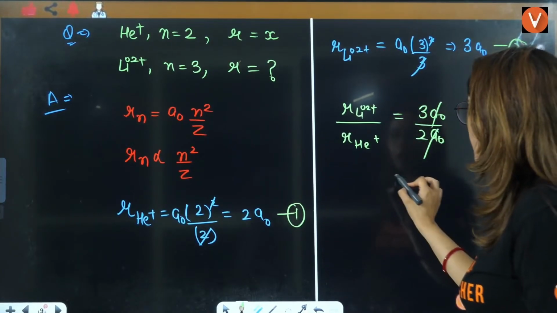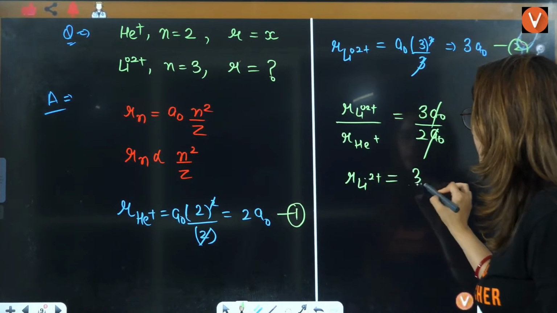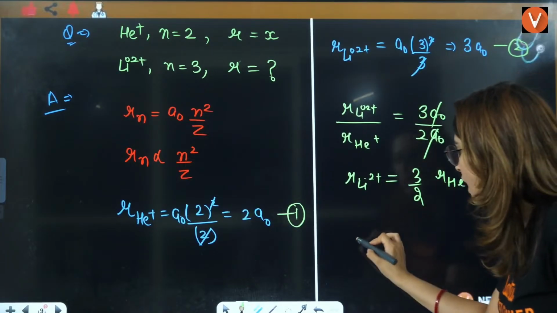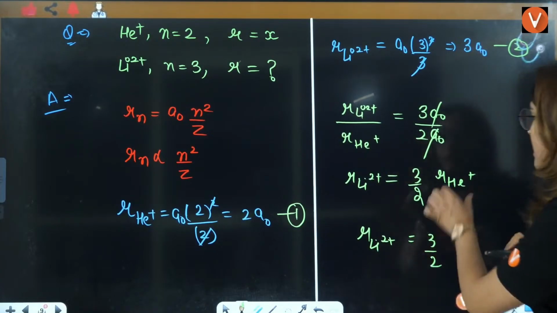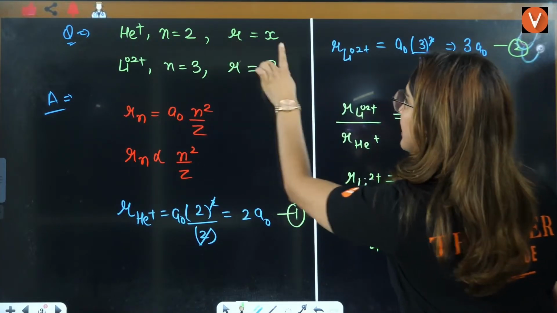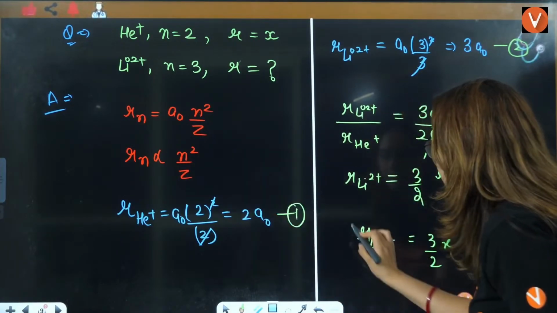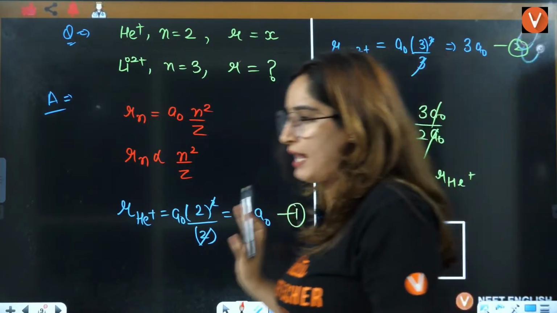This will cancel out and we know that radius of lithium 2 positive is nothing but 3 by 2 of radius of helium positive. Radius of helium is coming out to be x. So now we have solved the answer of radius of lithium in terms of x.